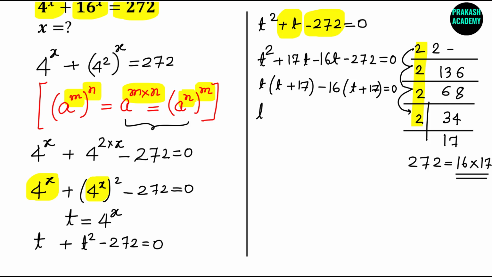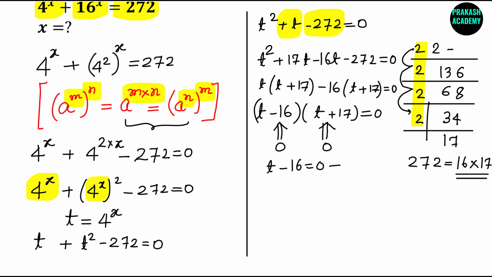So now I can write t minus 16 into t plus 17 is equal to 0. This means there are two possibilities, either this term is 0 or this term is 0. From the first, that is t minus 16 is 0, I will get t is equal to 16. From the second, if t plus 17 is 0, this means t is equal to minus 17.